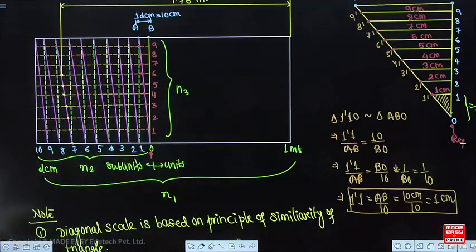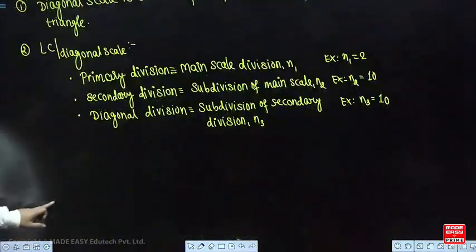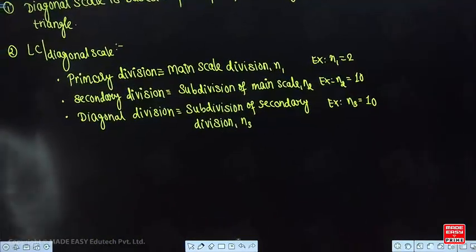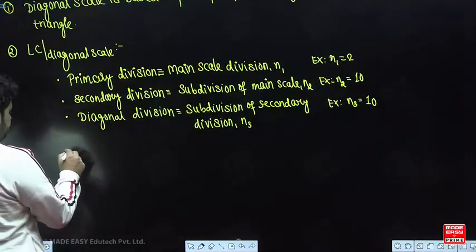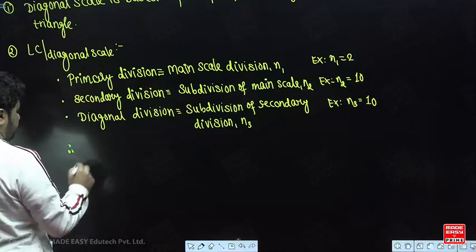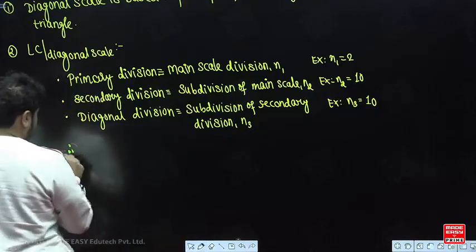Now it is clear? N1, this is N2 and this is your N3, clear? Fine. So these are the few divisions.